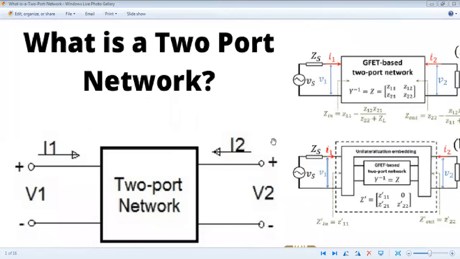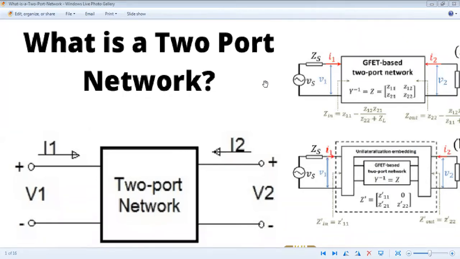A two-port network is an electrical network, or you can say a device, with 2 pairs of terminals to connect to external circuits. Listen to me very carefully. We are going to perform the ABCD parameter of the two-port network today.